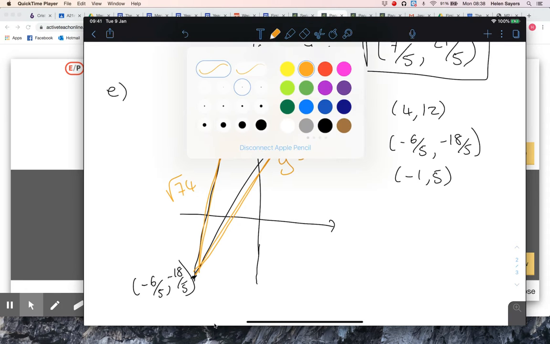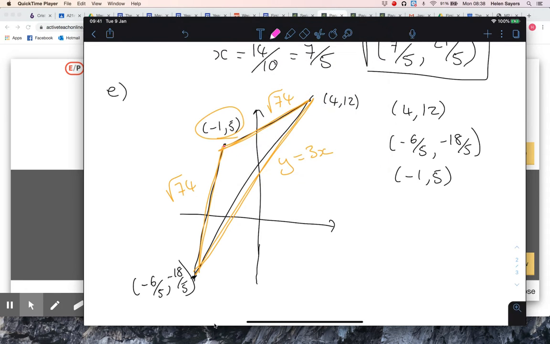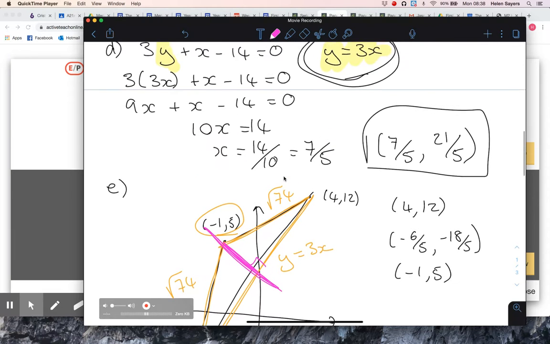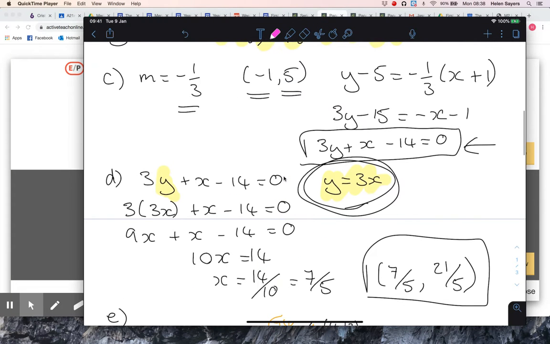The other thing we worked out, let's just get a different colour on the go, was where the line that is perpendicular to y equals 3x and goes through minus 1, 5 crosses y equals 3x. So this pink line is that line there.